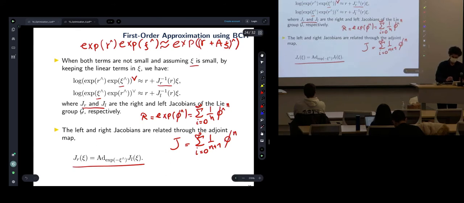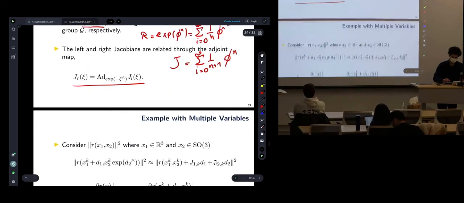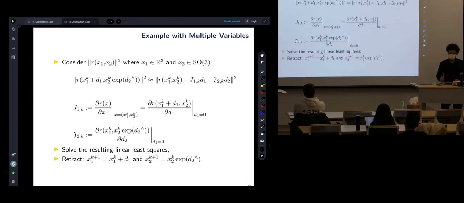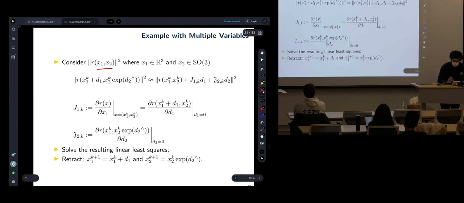So we just learned a technique to linearize a residual that has a decision variable on a Lie group. An example that is not computational: consider a residual that is a function of x1 and x2. x1 is a 3D point, x2 is a rotation matrix.